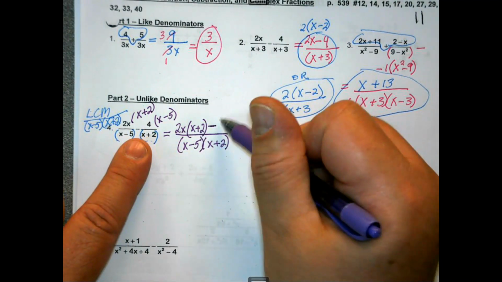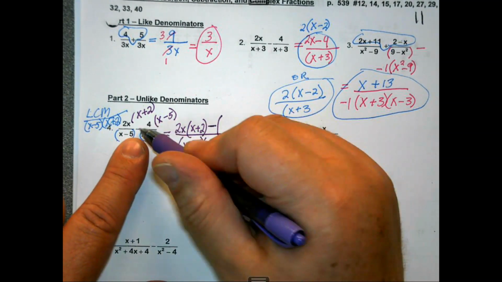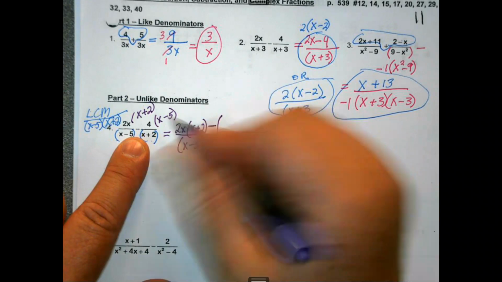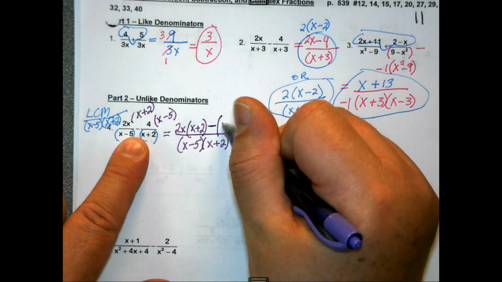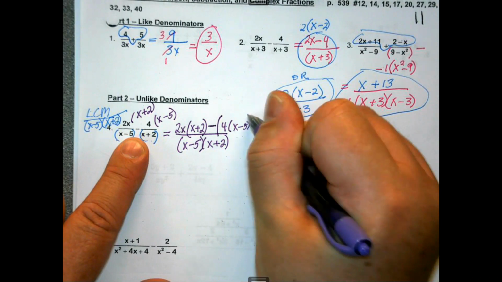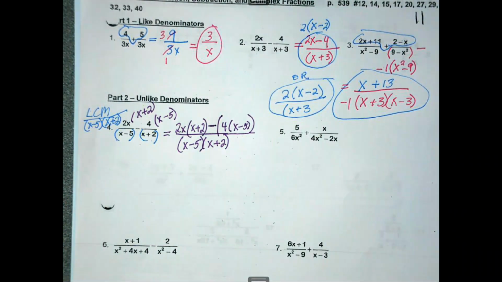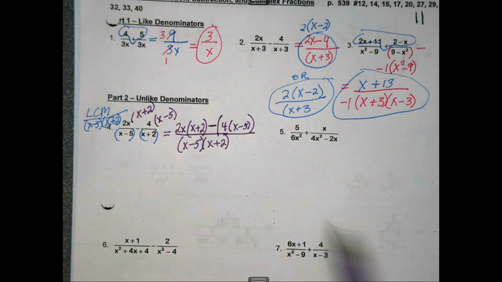Now I'm going to have to put this whole thing in parentheses because I'm subtracting this entire thing: 4 times x minus 5. I need double parentheses there. And again, I'm writing out every single step. That's why I needed the double parentheses. If you skipped a step, you probably would get away without the double parentheses.